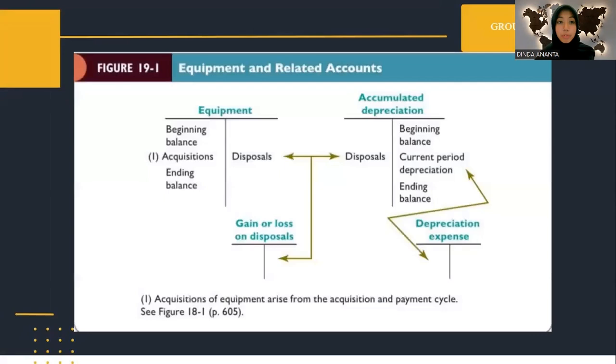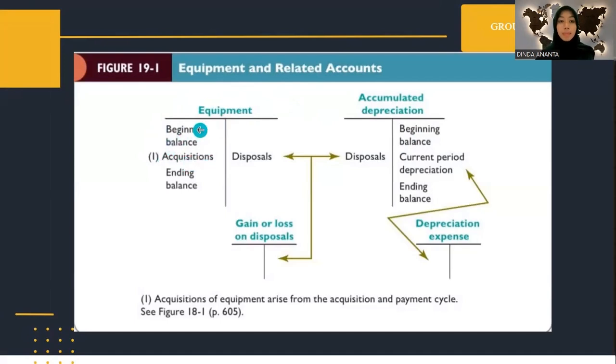Okay, this is the overview of equipment and its related accounts. As you know, at the first phase of obtaining the equipment, the acquisition will increase the balance of the equipment.